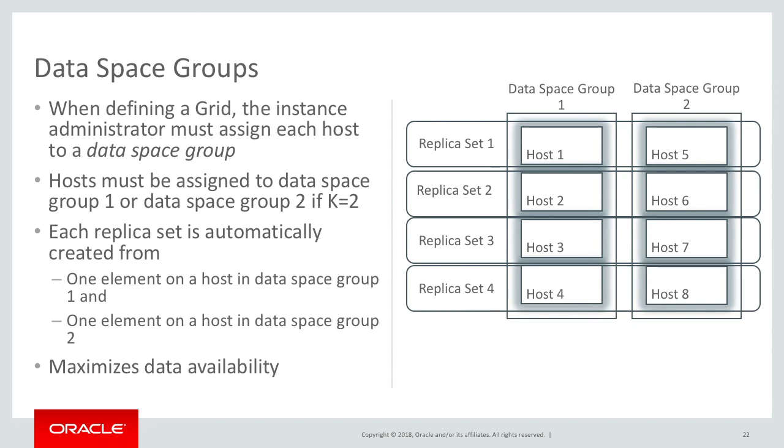If a user does an appropriate job of assigning their hosts to data space groups based on these physical characteristics, they can go a long way towards minimizing the possibility that both copies of data for a particular replica set go down simultaneously.